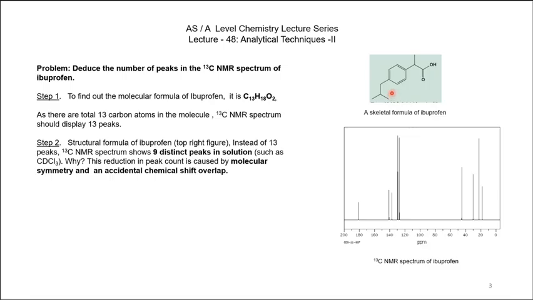We should get 9 peaks instead of 13. If we find the carbon 13 NMR spectrum in the library, we see 1, 2, 3, 4, 5, 6, 7, 8, 9 peaks. There are 9 peaks.